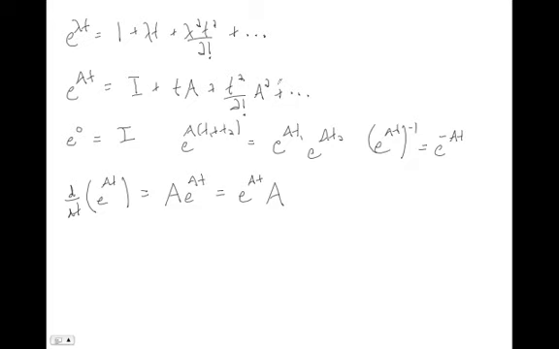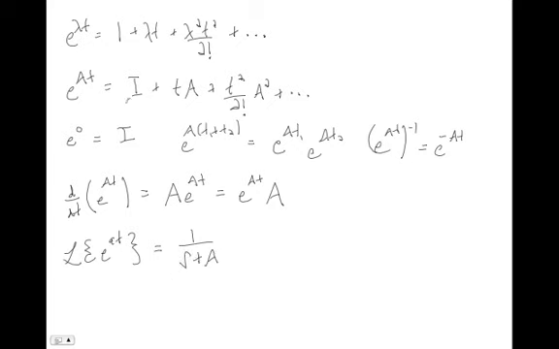Another interesting, last closing thought is the idea of Laplace transforms of scalars. When you've seen this before in other courses, the Laplace transform of e to the at looks like 1 over s plus a.